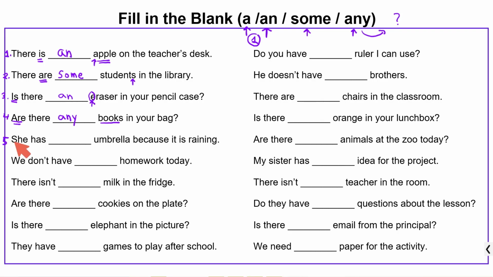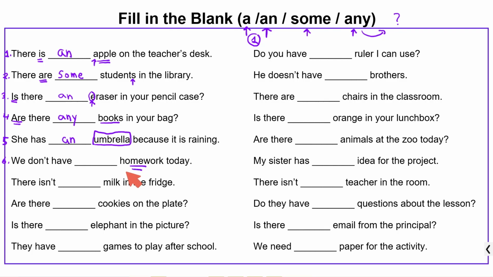Number five, she has blank space umbrella because it is raining. Our keyword here will be umbrella because it's just one thing. And our best answer here, our correct answer, will be an. So she has an umbrella because it is raining. Let's look at number six. We don't have blank space homework today.